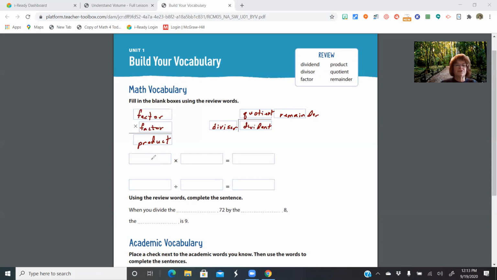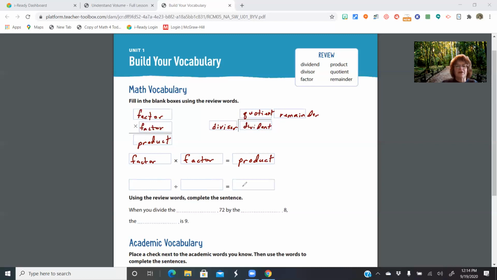So now here we go, something times something. What goes in here? Something times something equals something. I hope you know the answer. Say it if you know it. I hope you said factor. So if you take a factor times another factor, the answer is called the product. And here we go with division written a different way.